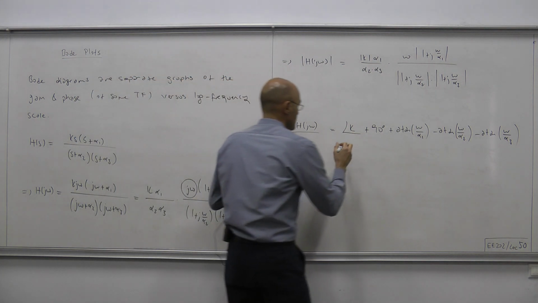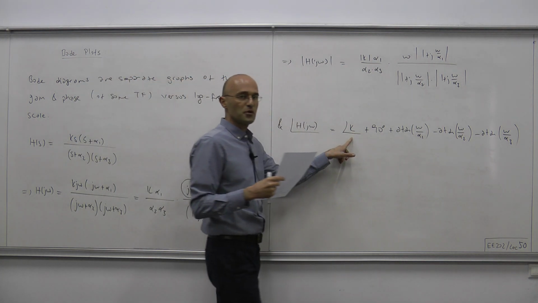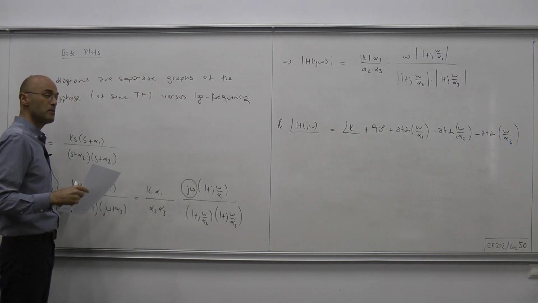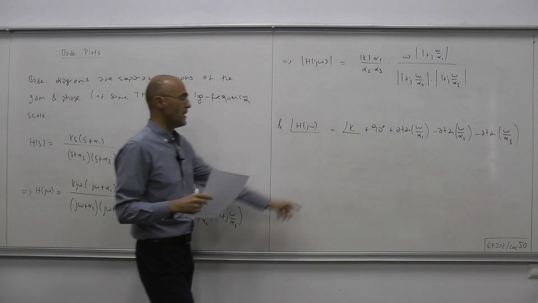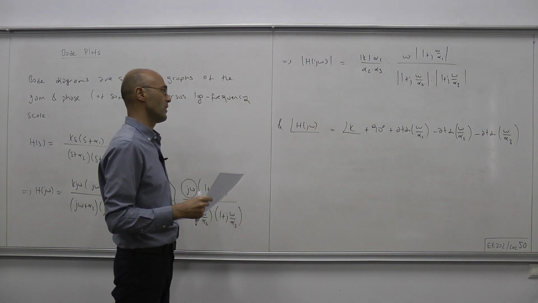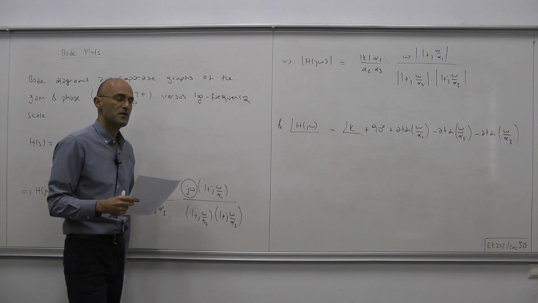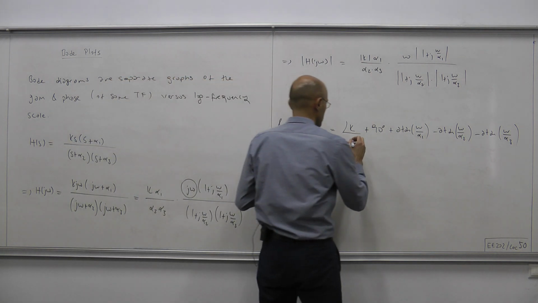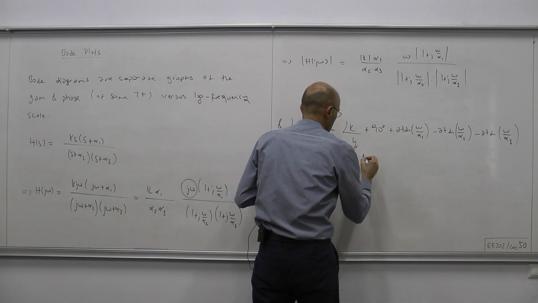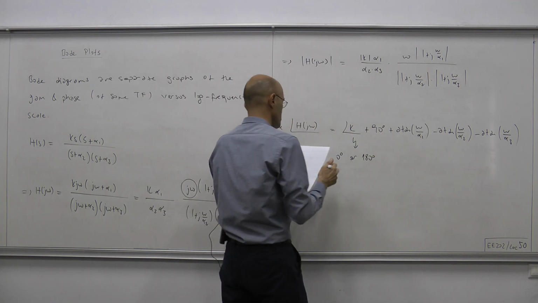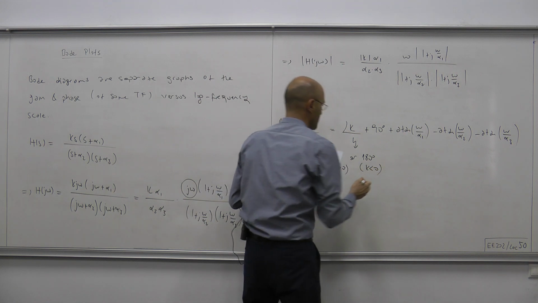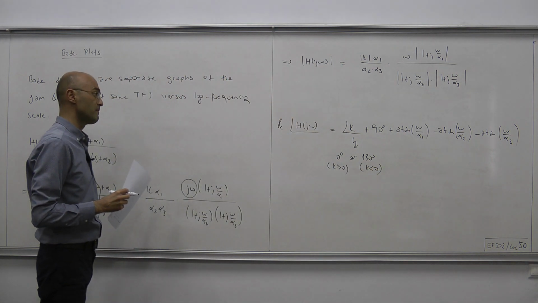Now this could either be positive or negative, as we said. Excuse me, K could either be positive or negative. Therefore, this phase is either 180 degrees for negative K or 0 degrees for positive K. Okay, so let's put that down. This is 0 degrees or 180 degrees: 0 for K positive and 180 degrees for the other possibility.